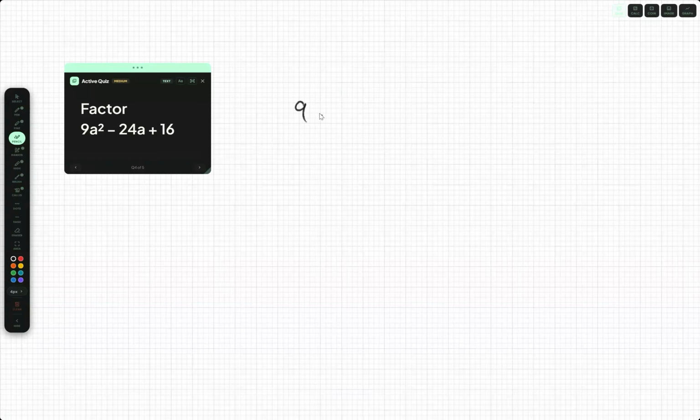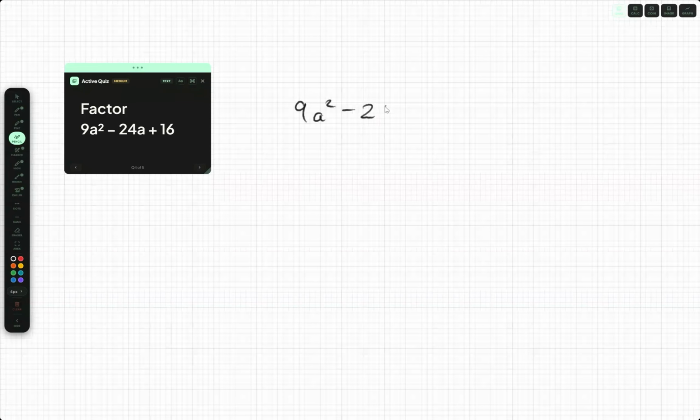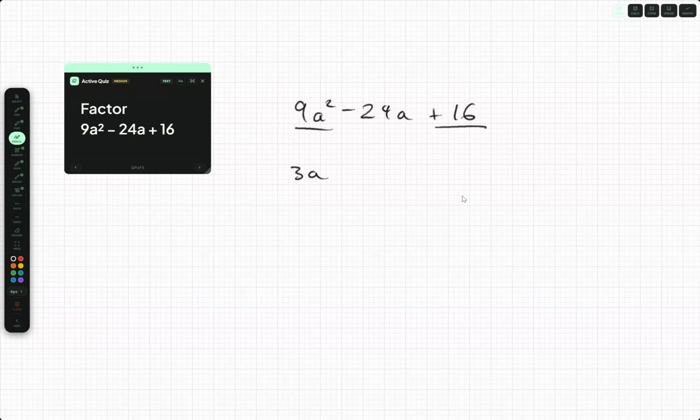Right. 9a squared minus 24a plus 16. Okay, first up, is the first term something squared? Yes, it's (3a) squared. Is the last term something squared? Yes, it's 4 squared. If I were to divide this by 2, would I be left with a times c?